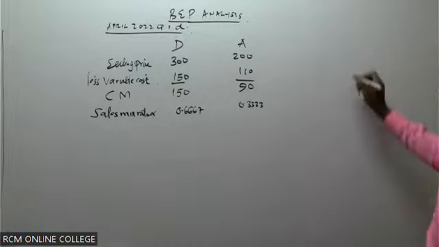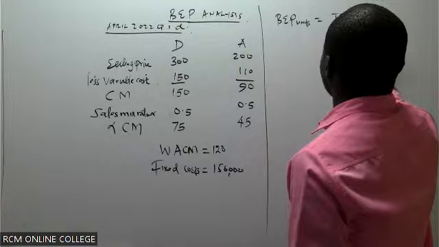120. Let us not forget our total fixed cost, which does not change. Our total fixed cost, which does not change, was equivalent to 156. I think so, if I'm not wrong. Good. So please go ahead and give me the break-even point in units. The break-even point in units will be total fixed cost divided by weighted average contribution margin.